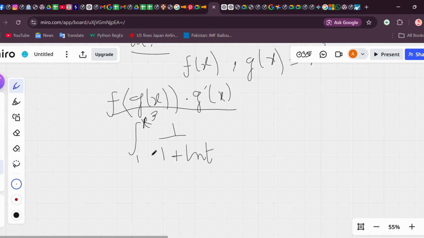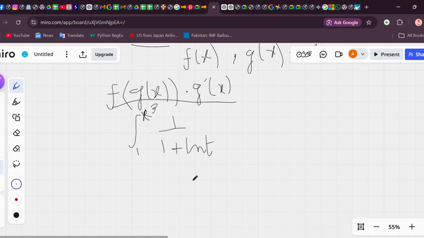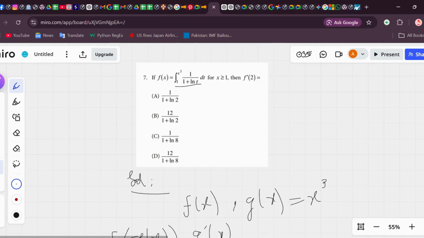It will be replaced by x cube. Because this is the whole function of x, the whole function will be replaced by g of x.